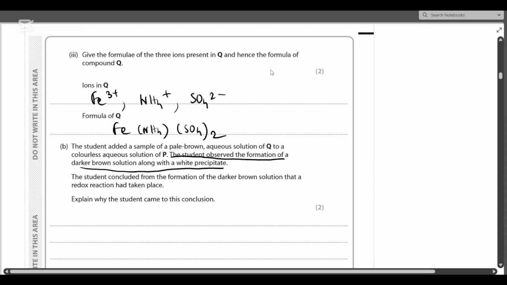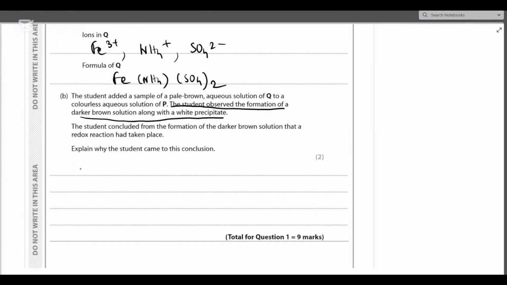So what we can say is, pretty simple, we can say iodide ions have been oxidized to iodine.